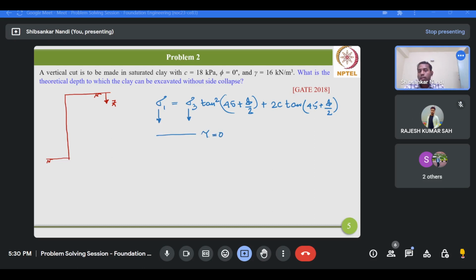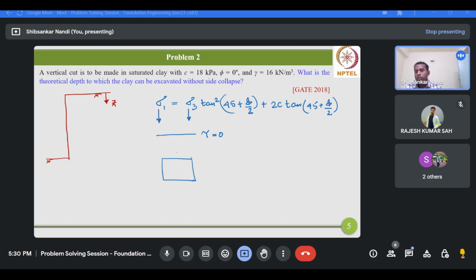Principal stresses are the normal stresses which are acting on the principal plane. Now what is meant by principal plane? A principal plane is a plane where shear stress becomes 0. In a three-dimensional problem, or right now we are dealing with a two-dimensional problem, we will have two different principal stress directions, and perpendicular to that we will have two principal planes.